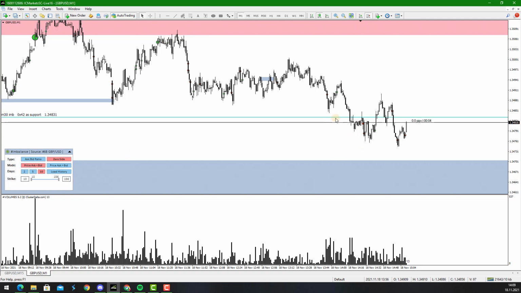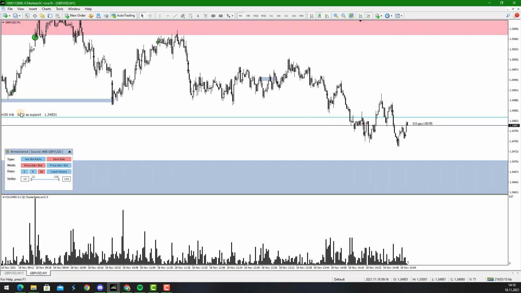I have marked here the level, right, as a support with the old imbalance. I treat this one as a big one, because usually I'm jumping the trades between 10 to 20 imbalance, but here was the 42.